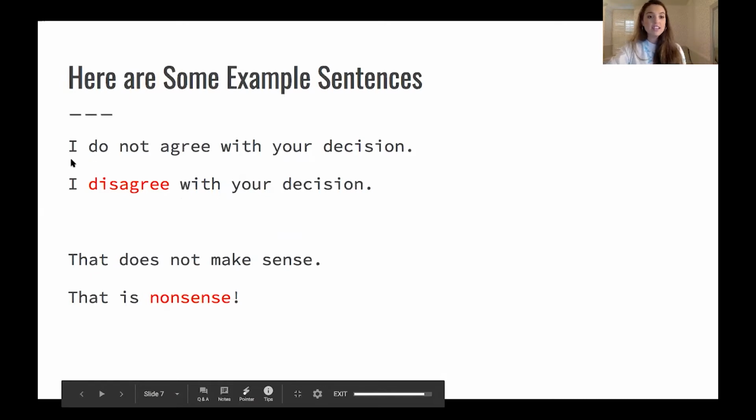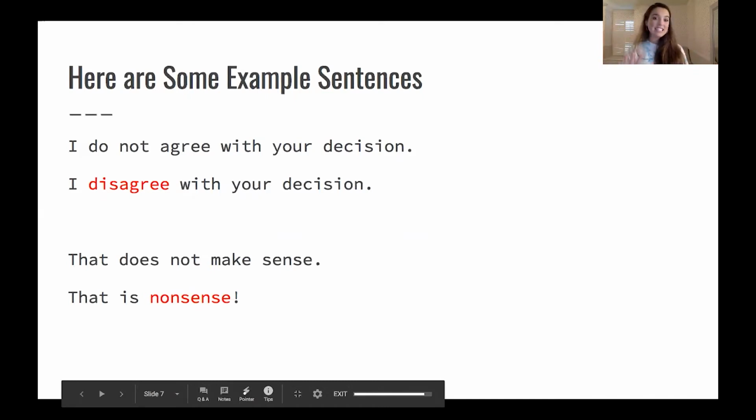All right, so here are some example sentences. Up here, you can see the sentence, I do not agree with your decision. That is one way to say that sentence, but another way you can say it is, I disagree with your decision. The I do not agree and disagree, it means the same thing. But by using that prefix of dis, we can make that all into one word.